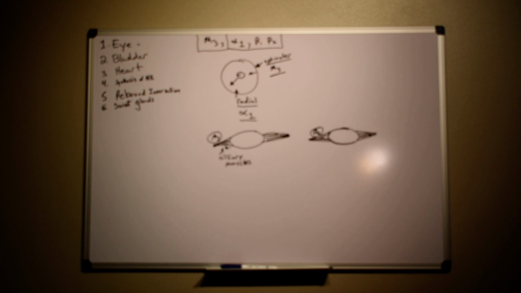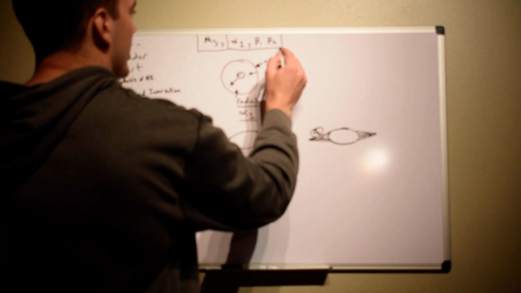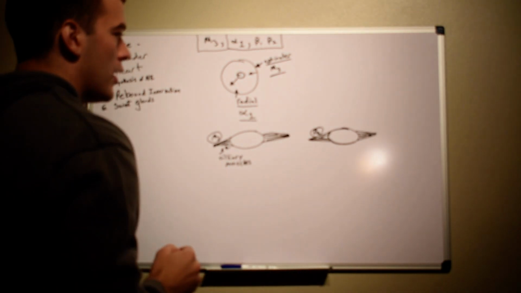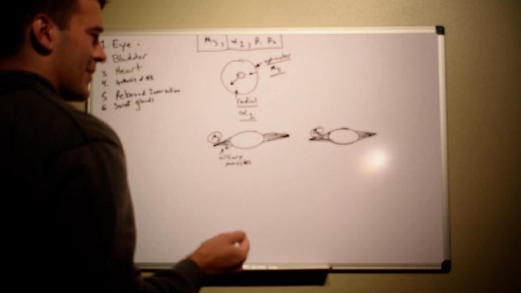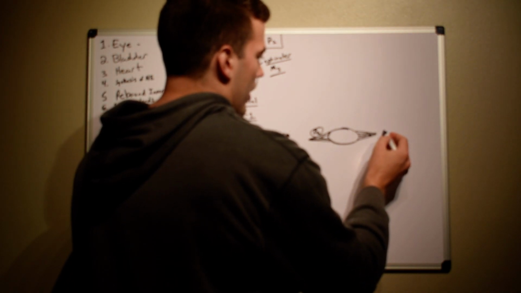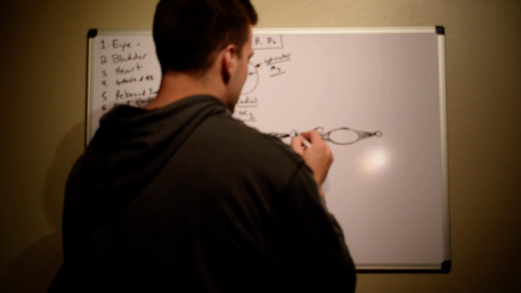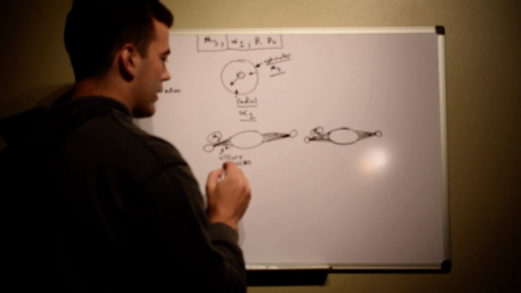All right, so the other thing we've got to talk about is that we talked about the alpha 1, the beta 2, and the M3 receptor, but we didn't talk about this beta 1 receptor. Where does that fit in? That's the only other receptor in the eye, and it is where these ciliary muscles attach to the wall of the eye.